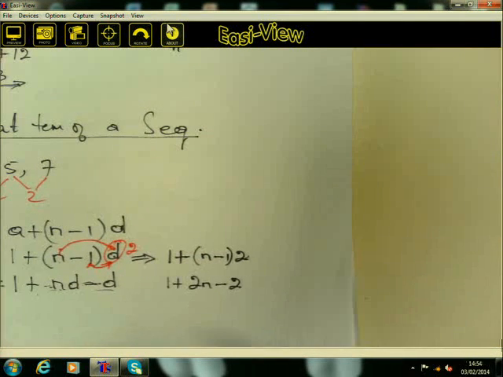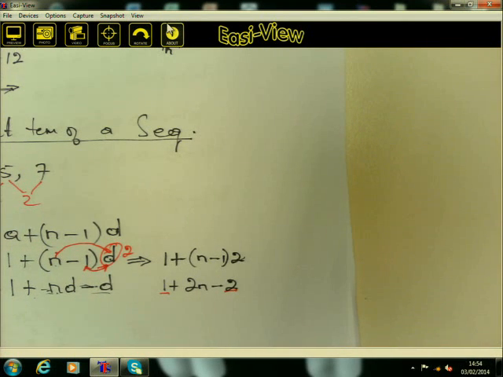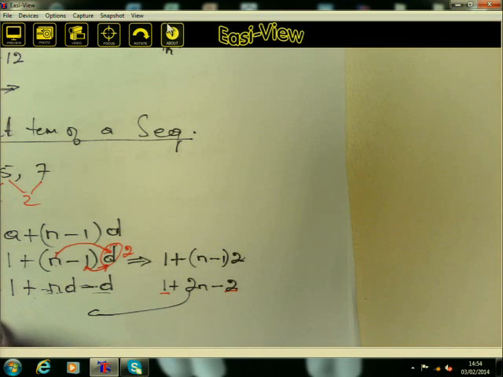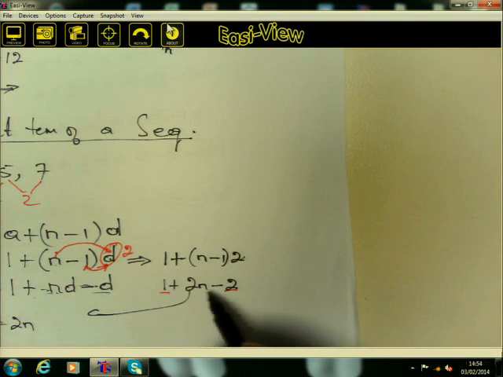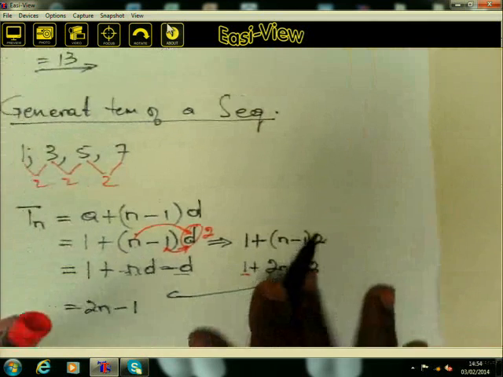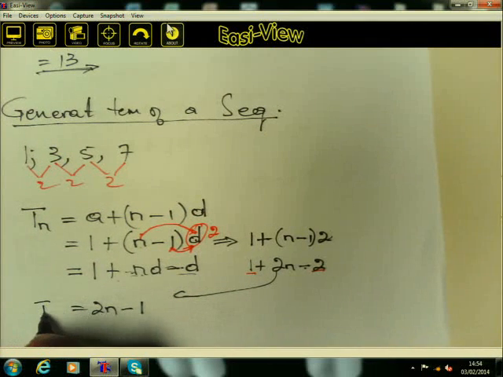So hence we have that one. But we know this and that one are common, so we can bring it here: we are going to have 2n, and then these two are common. 1 minus 2 is nothing else but minus 1. So we have 2n minus 1.